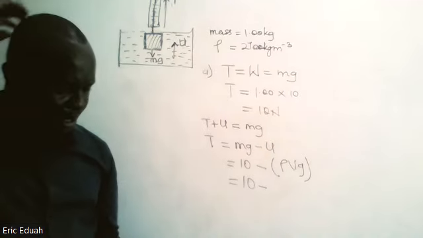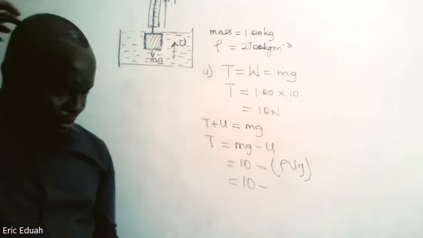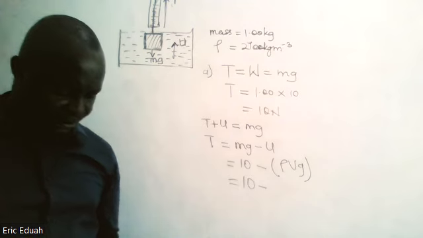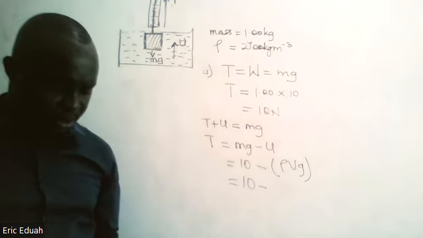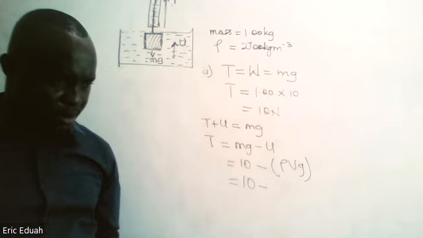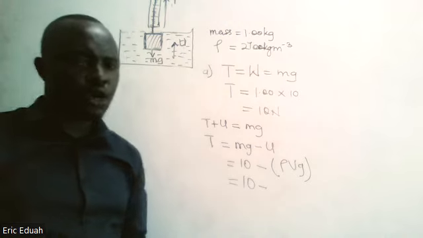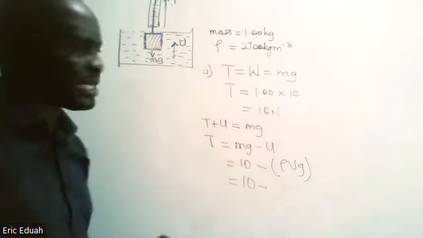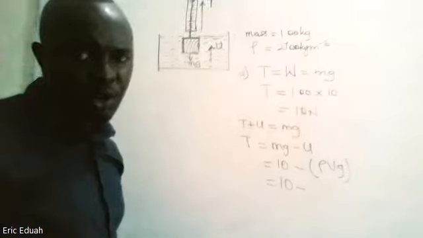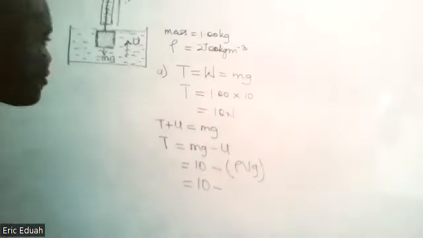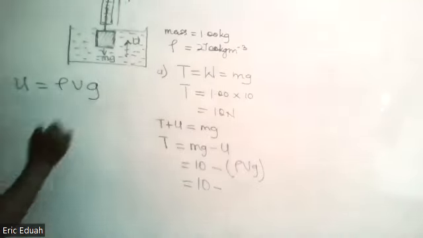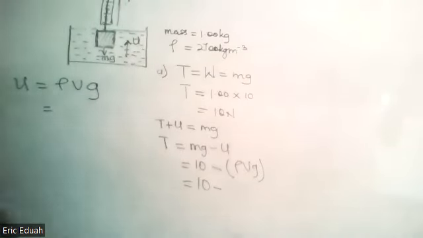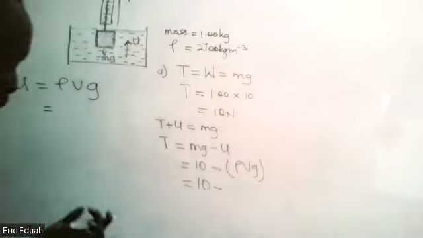So what if you first find the volume of the fluid? Okay, let's go systematically, because it's a good question. We have upthrust is equal to rho Vg, where rho is the density of the fluid.